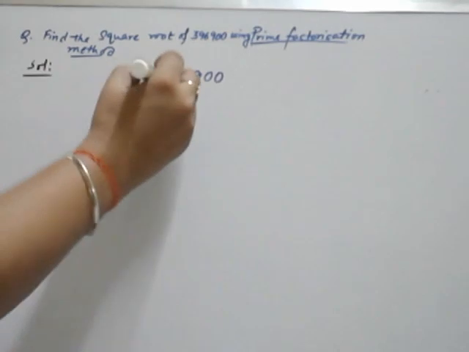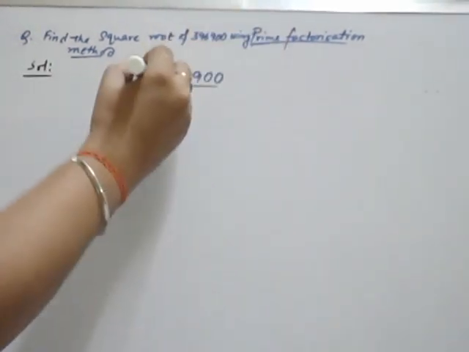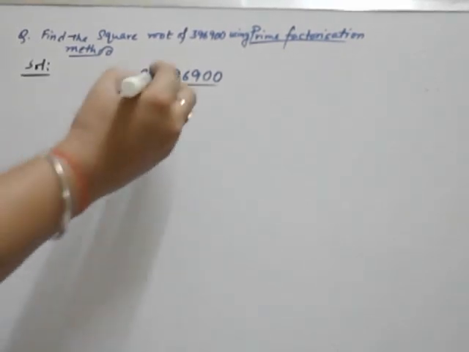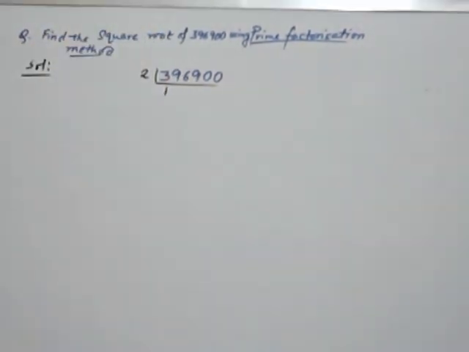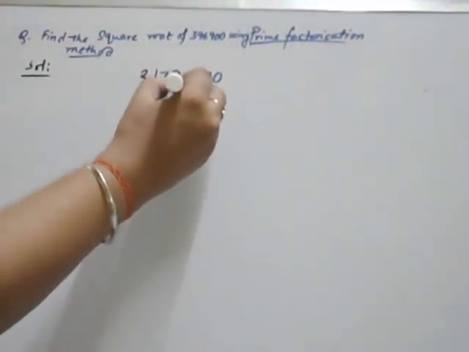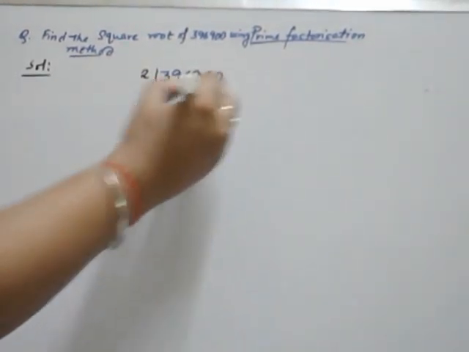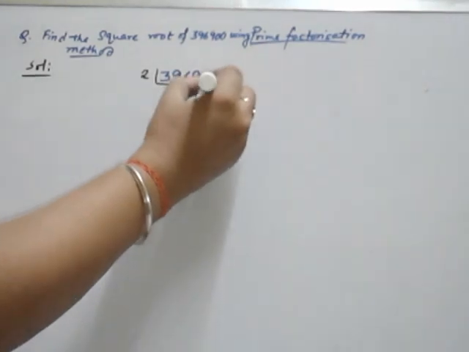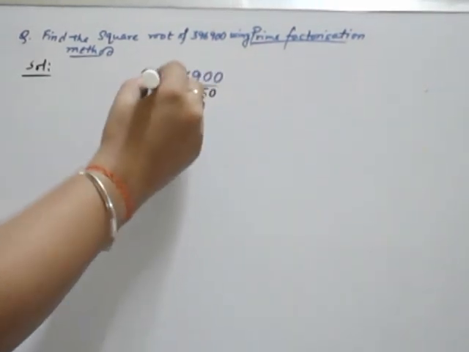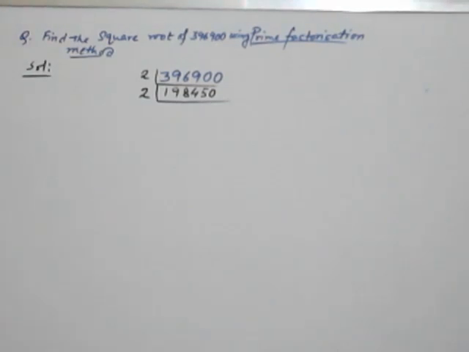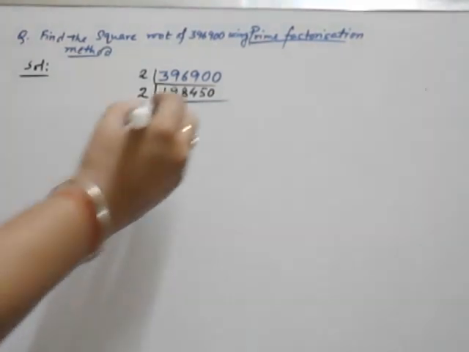If you divide by 2, what is the result? 198450. Next, if again you divide by 2, the result is next.